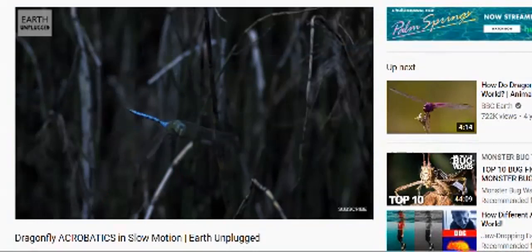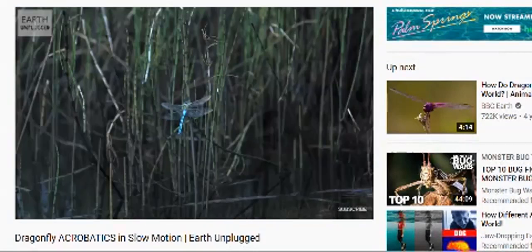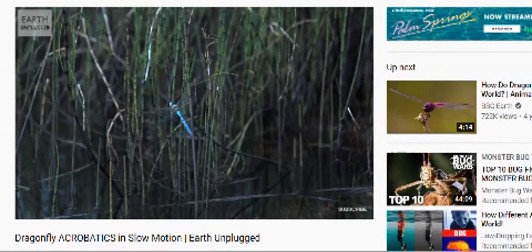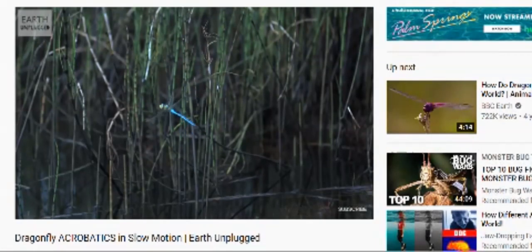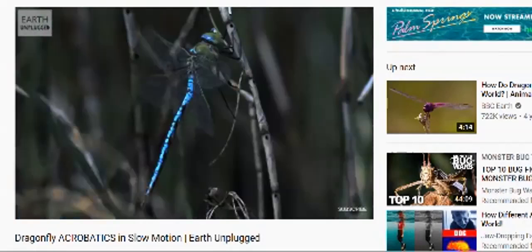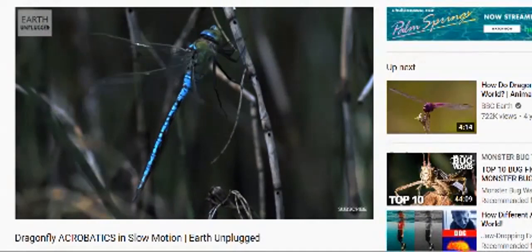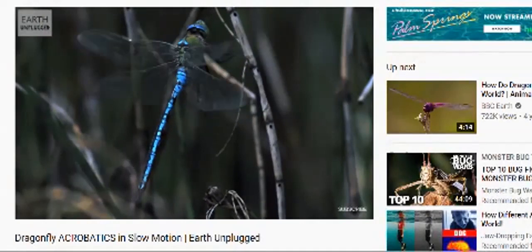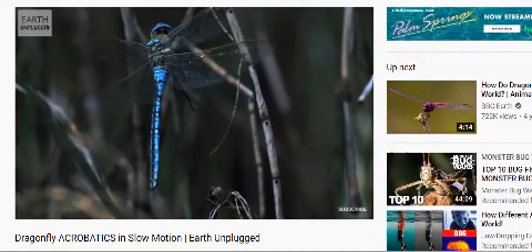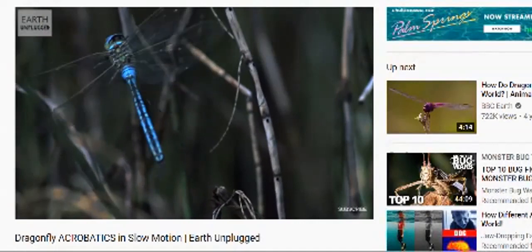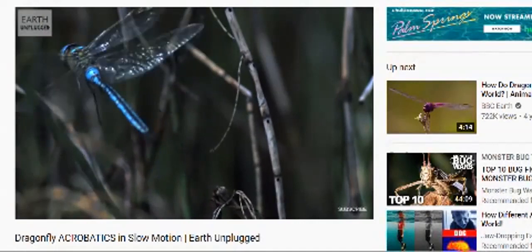This is so amazing. You can see how they spin backward. So a dragonfly can fly backward too, and they can reach a speed of up to 30 miles an hour.